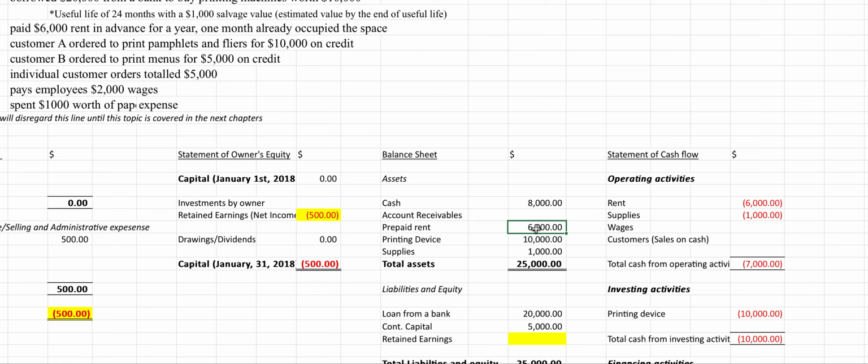It means that we still have left 11 months' worth of rent, and each month costs 500. Let me make it a formula, minus 500, because 500 has been used. By the end of January 31, we still have $5,500 worth of prepaid rent.